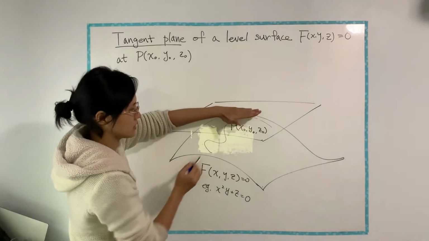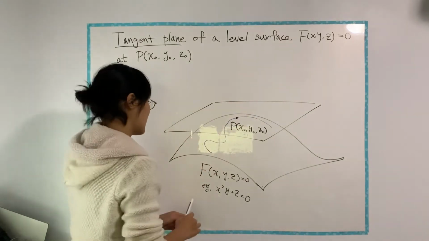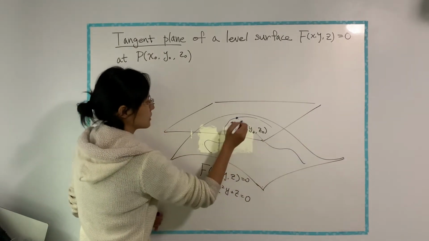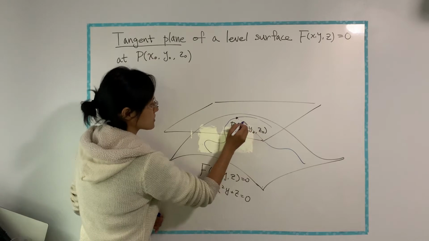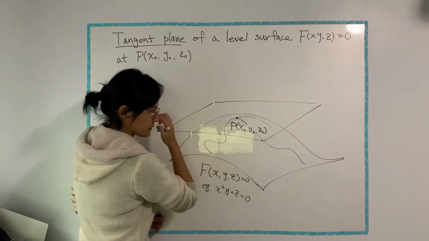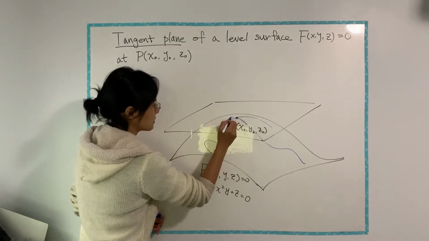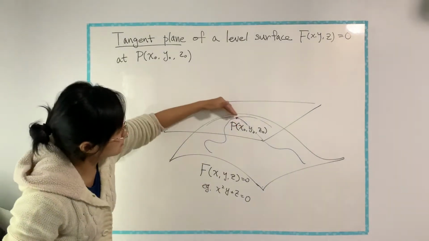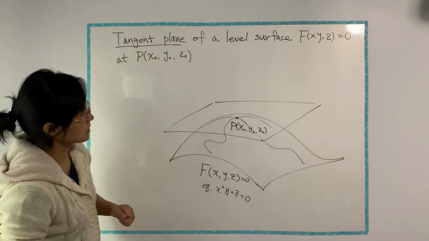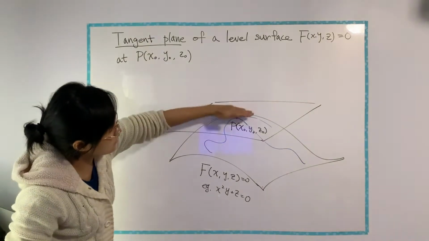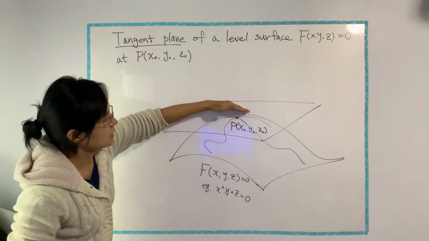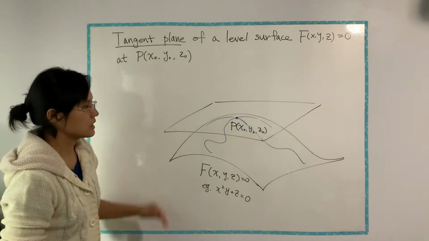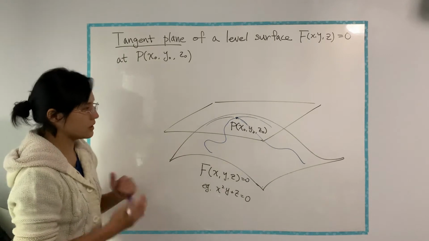Because they only touch at this point P. Okay, so this is my curve 1, and I can have another curve also sitting on the surface, traveling along, and it passes the point P. So you can see that this tangent plane will again be a tangent plane to the curve at P.